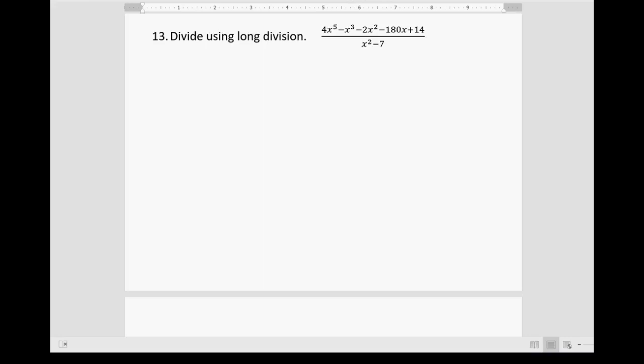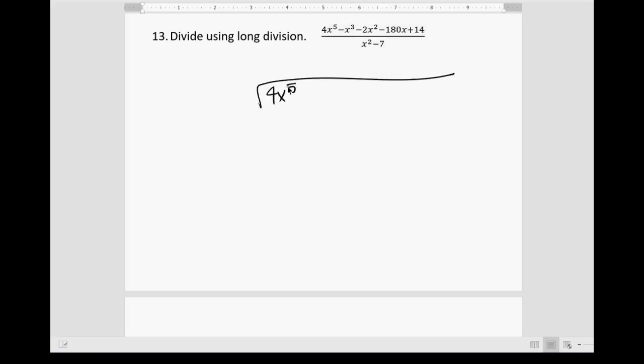So when you do long division, you want to always check for any missing terms. Your exponents should decrease in order. So for example, I have 4x to the 5th, then it jumps to x to the 3rd. So it's missing an x to the 4th. This number at the top is going to be under the division bar.